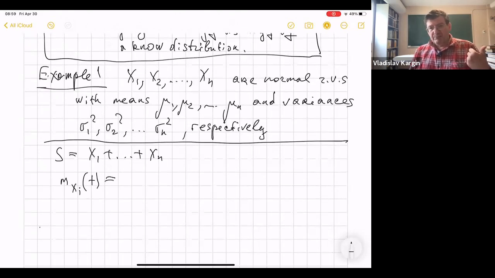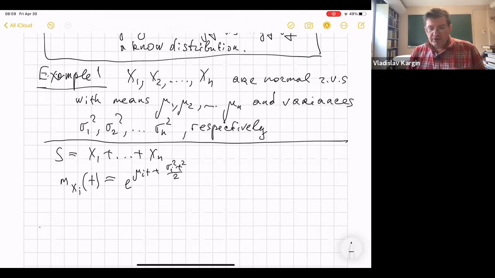Going back to what I did before, I didn't calculate it, but said it is possible. M of Xi of t is equal to e to the power of mu_i t plus sigma_i squared t squared divided by 2.